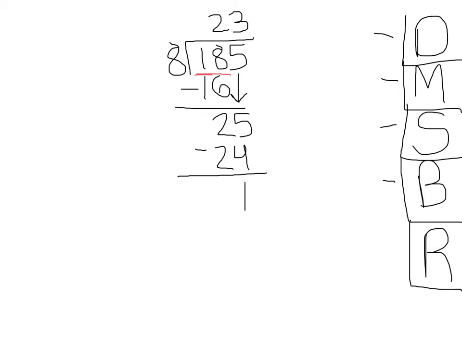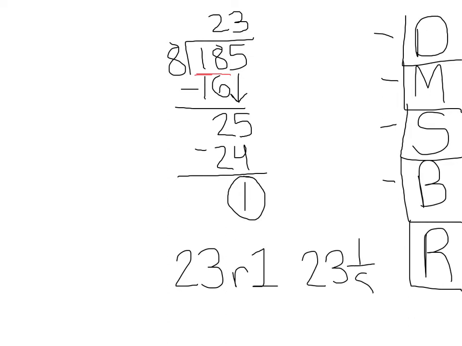And then we have 1 left over. We don't have anything left to bring down, so now we know that we're done. So our quotient is 23 with a remainder of 1. Or students could write it as a fraction and say 23 and 1/8. We know that we're done because my remainder is less than my divisor.